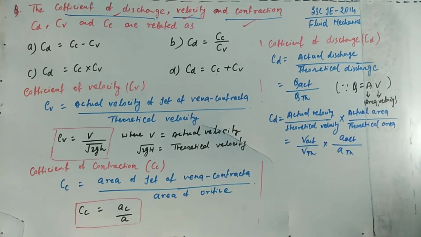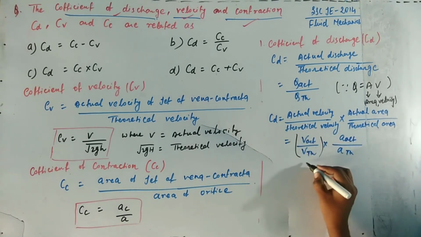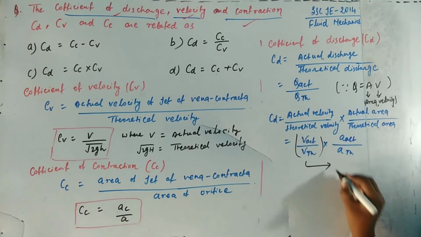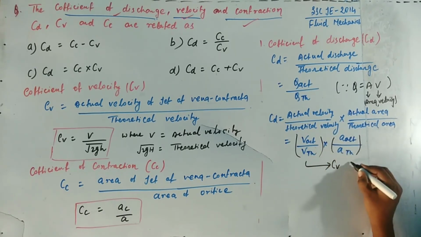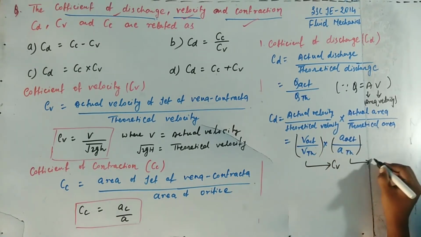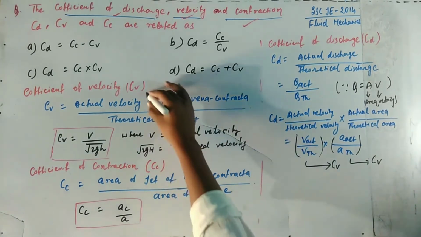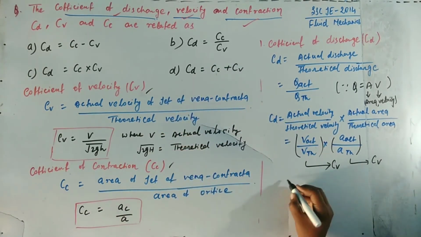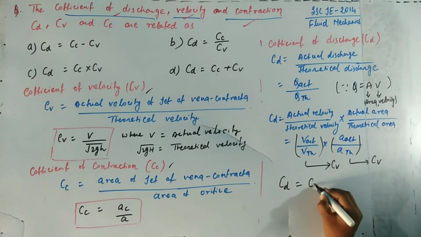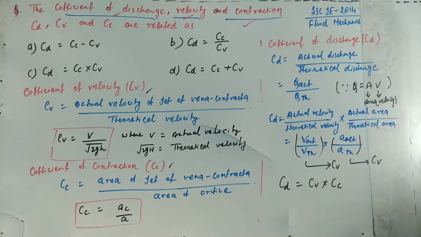Now here the ratio of V actual by V theoretical is called coefficient of velocity, and the ratio of A actual by A theoretical is coefficient of contraction. So CD equals CV into CC.